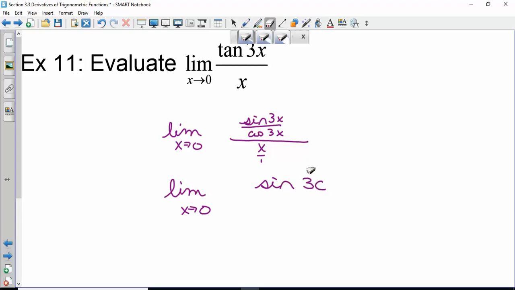you get the sine of 3x over x times the cosine of 3x. Everybody still with me there?